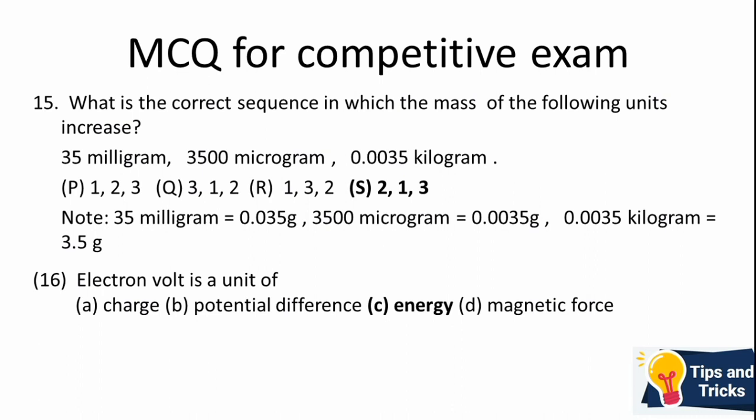Potential difference is a physical quantity whose unit is volts. And energy is a physical quantity whose unit is joule. So electron volt is the unit of energy, and we also know that 1 electron volt is equal to 1.602 into 10 power minus 19 joules.